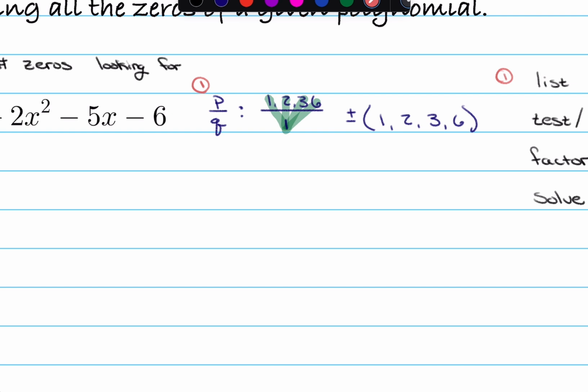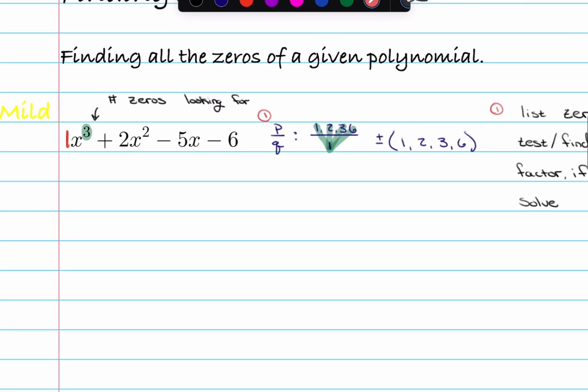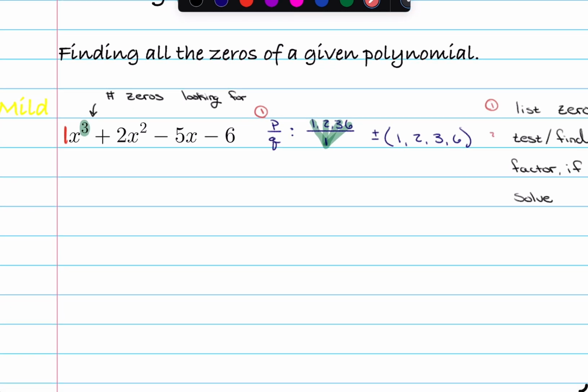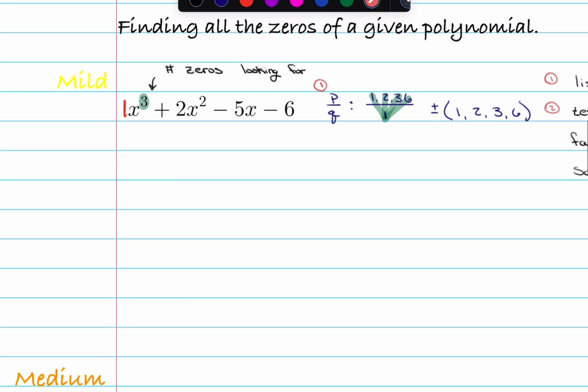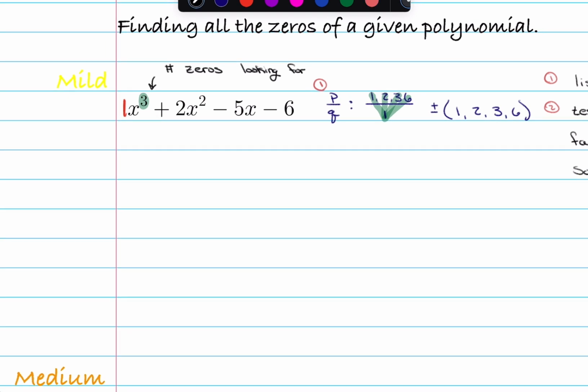All right. From there, what we're going to do is test or find one of our roots. I'm going to do this with a combination of calculator and synthetic division. So I'm going to set up my synthetic division as if I'm just going to plug in a random number, and you could guess 1, see if that works, 2, 3, 6, and so on, and see what you get when you do synthetic division.